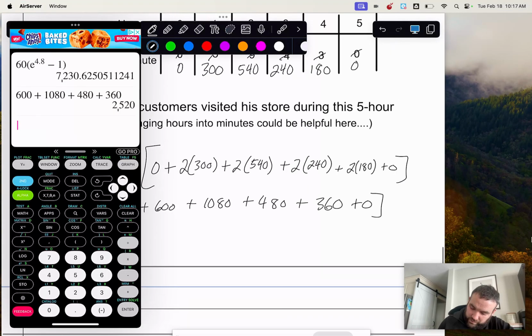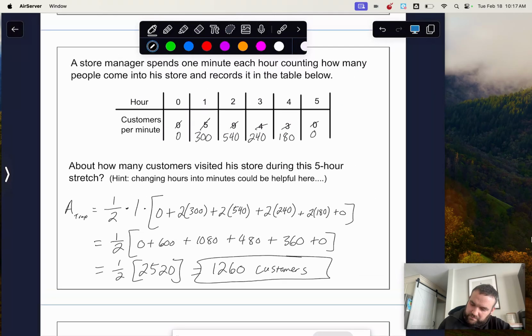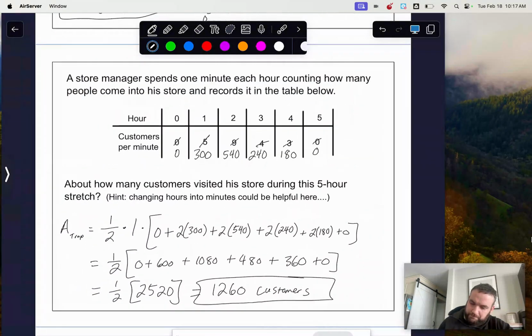So 2520 is the value in the parentheses, which would be 1,260 customers is the estimated amount that manager saw.